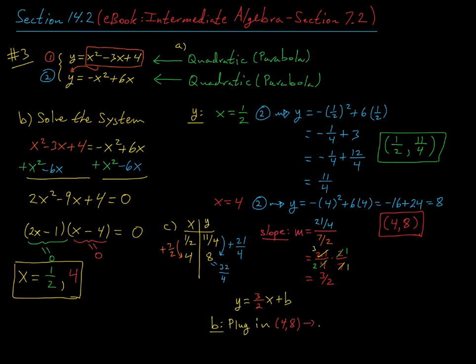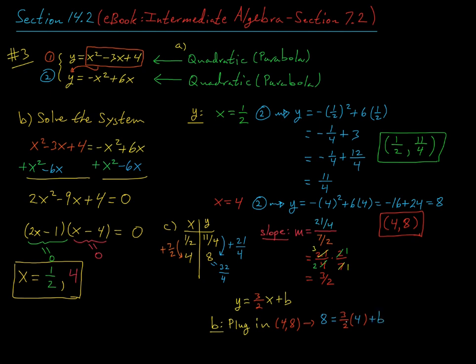And let's see what that gives us. Well, we'll get an 8 on the left, and that's equal to 3/2 times x, which is 4, and then I'm adding b there.